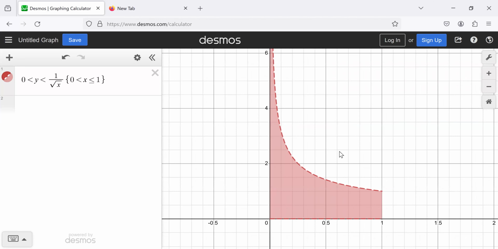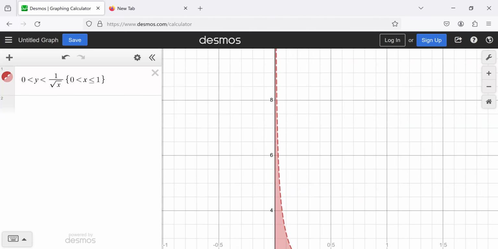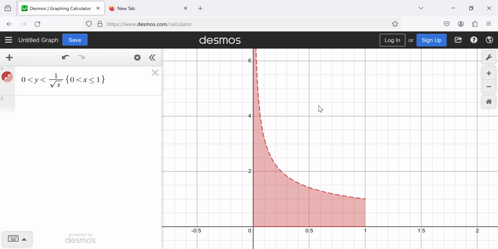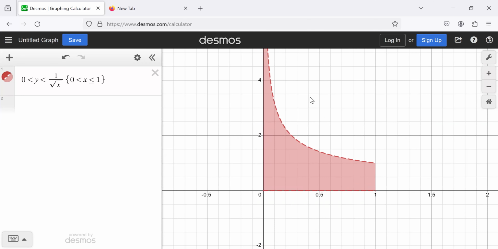So this is a region that extends infinitely upwards, but which I'm claiming it makes sense to think of as being finite. How might we approximate this area? If we're willing to accept that this area exists, how could we approximate it?